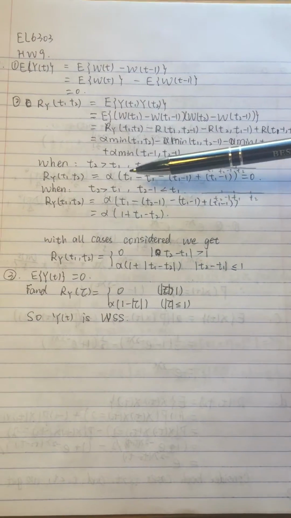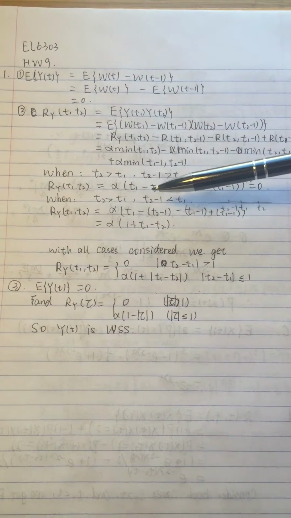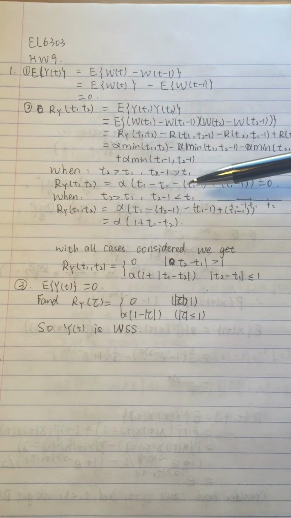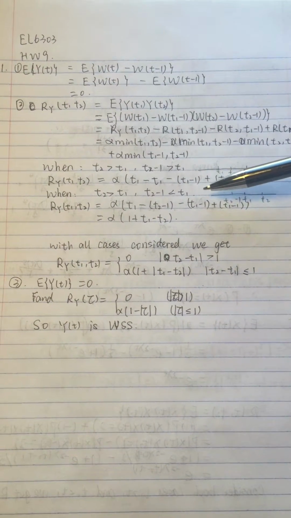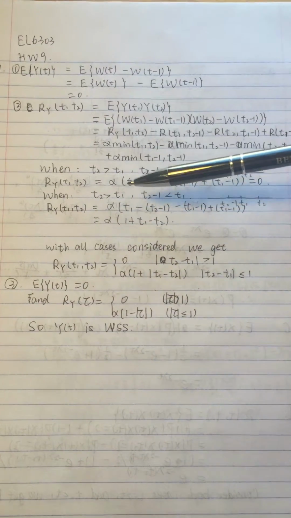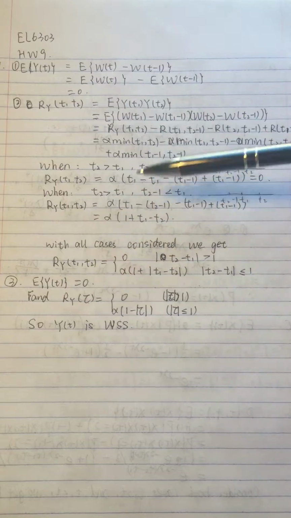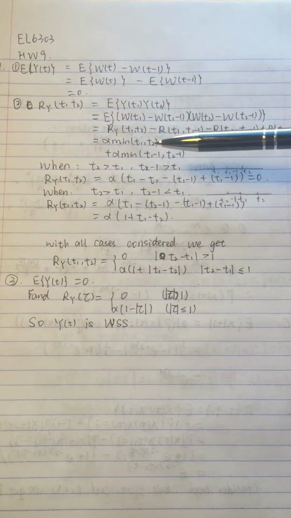And the second case is when t2 is greater than t1 and t2 minus 1 is smaller than t1. So the autocorrelation of t1 and t2 equals this formula, and finally equals alpha times 1 plus t1 minus t2.